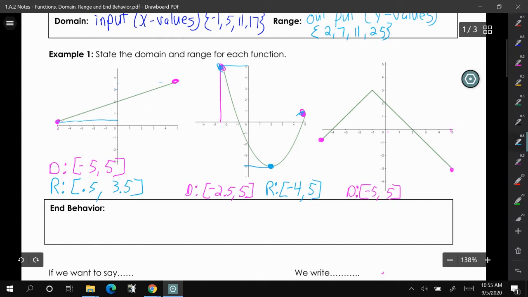And then the range, we want the smallest y value, which is down here, -3, and the largest y value is up here, which is at +3. So that would be our range. The more that you do these and the more that you see them, the better you will get at identifying domain and range from a graph.